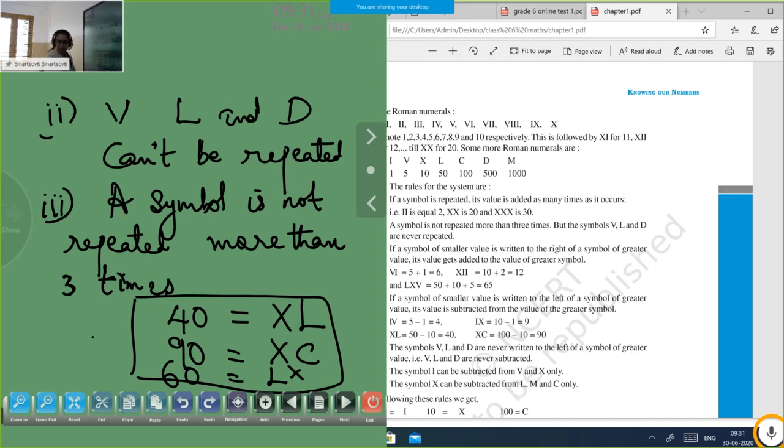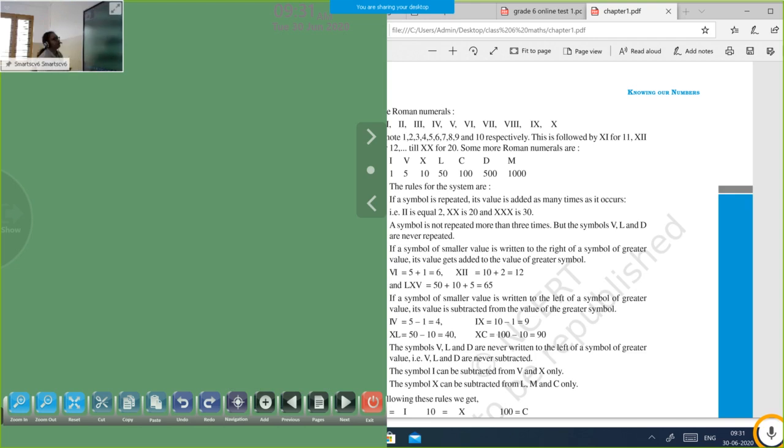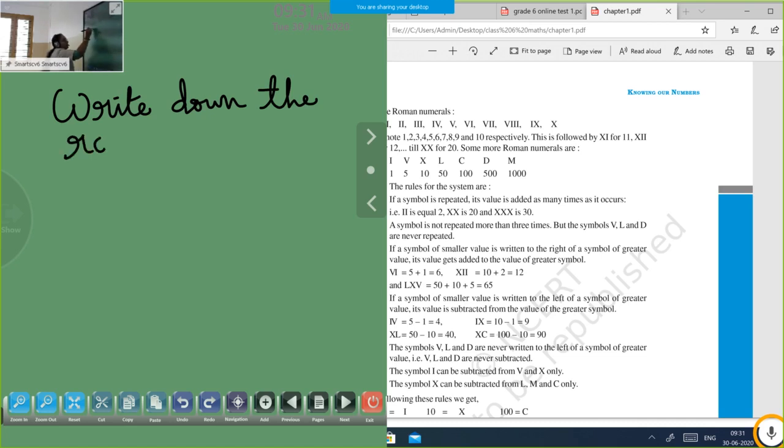Next page, the teacher is taking. Today's homework is: write down the Roman numerals.